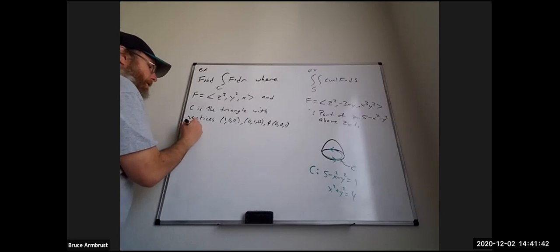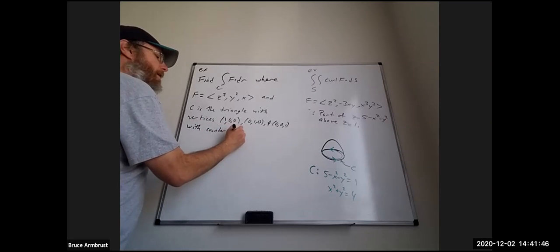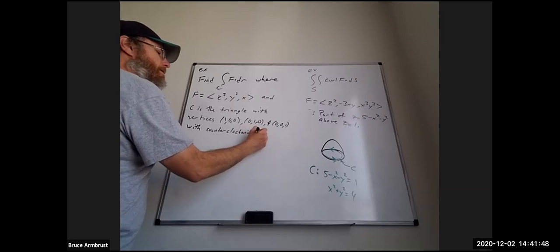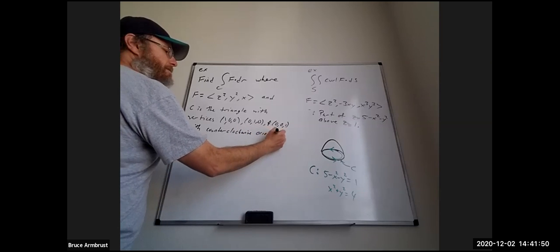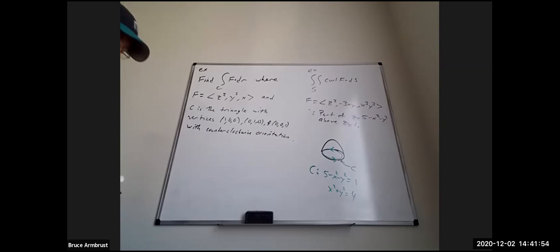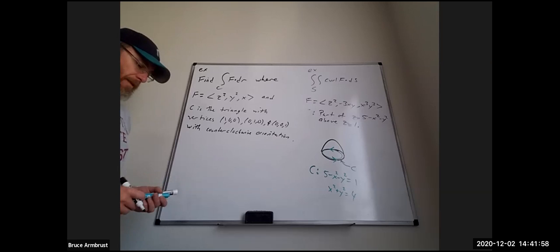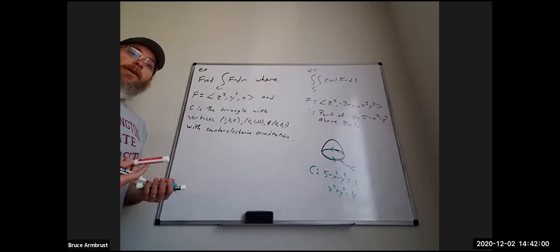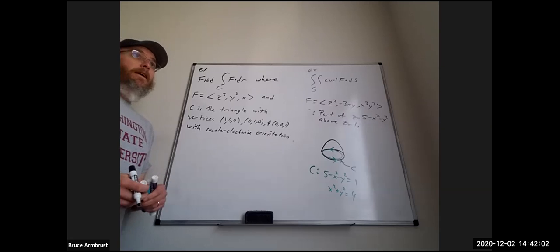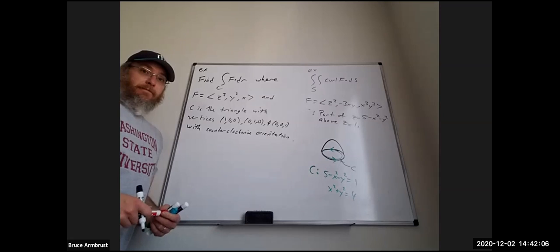And we're going to go with counterclockwise orientation. So we'll go with the usual orientation. So this is actually a problem I could have given you on the last exam where we were doing line integrals, right?